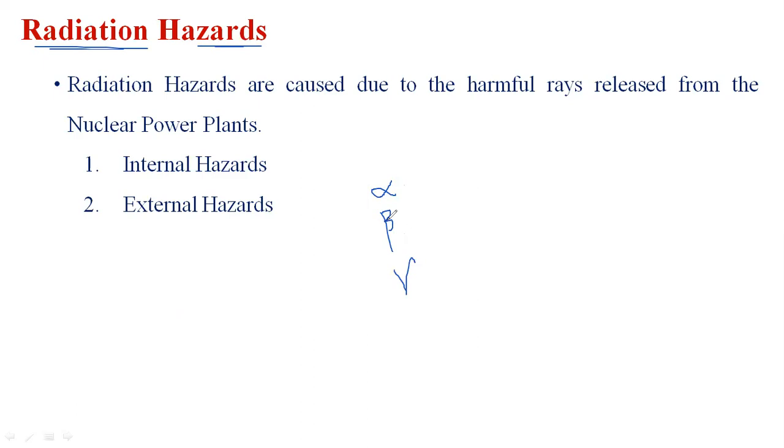The internal hazards are from radioactive material inhaled in the plant itself, in the nuclear reactor, which does not affect human beings or the surroundings. But the external hazards are due to the beta and gamma rays, and the release of small neutrons.